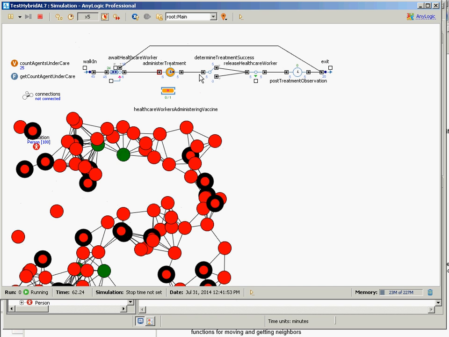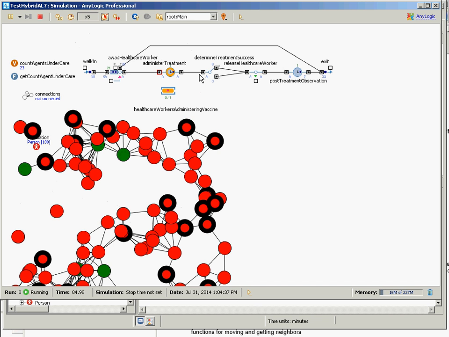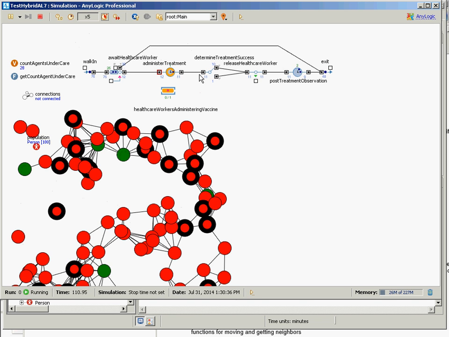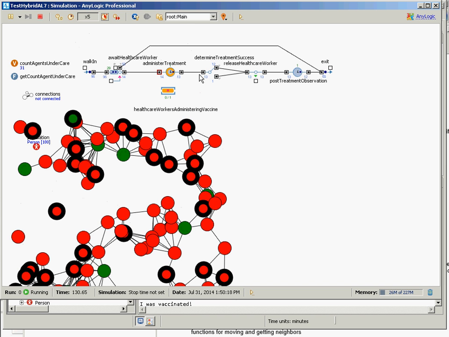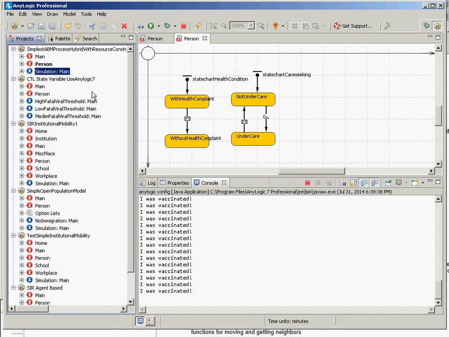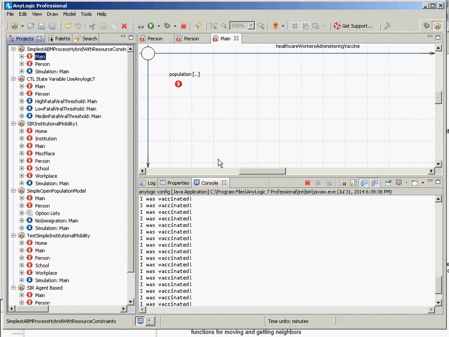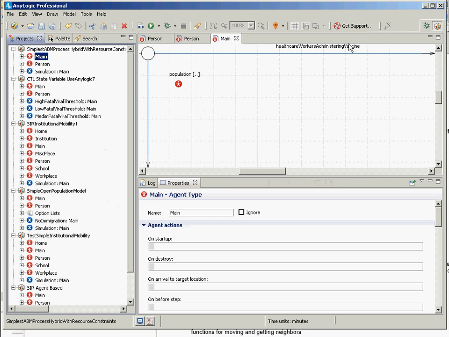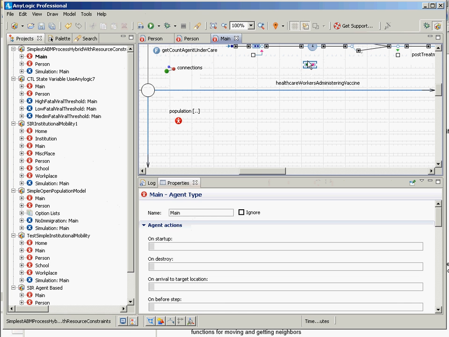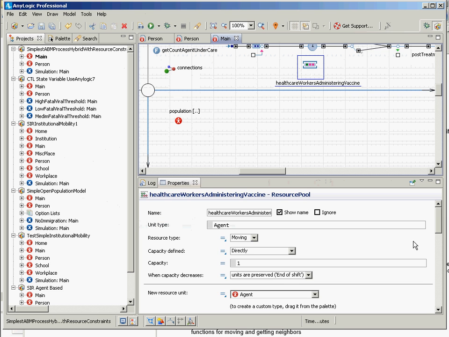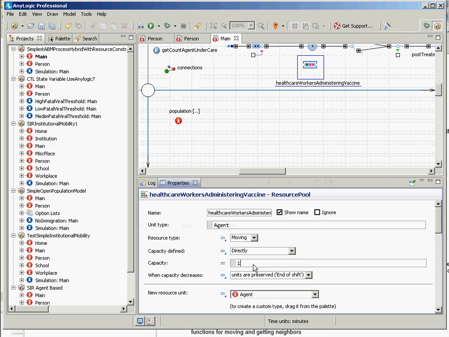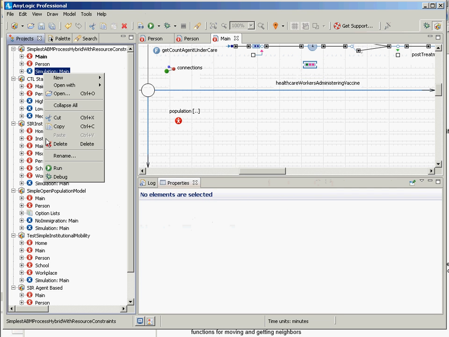Right now it's a single healthcare worker, and we could change that very readily within the AnyLogic interface by going up to this and saying, okay, this pool of healthcare workers, rather than being a single person, is 2 people or 10 people. By doing that, we could examine the impact on waiting times, to be sure, but also on the demand for the service, because some of those people who would have balked will now be treated and therefore won't come back.